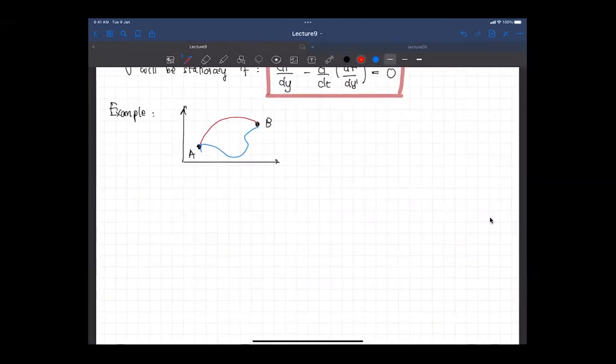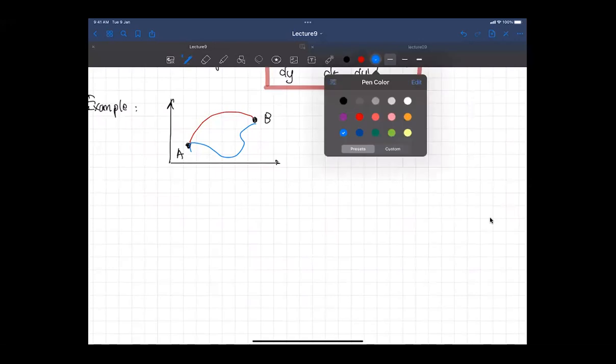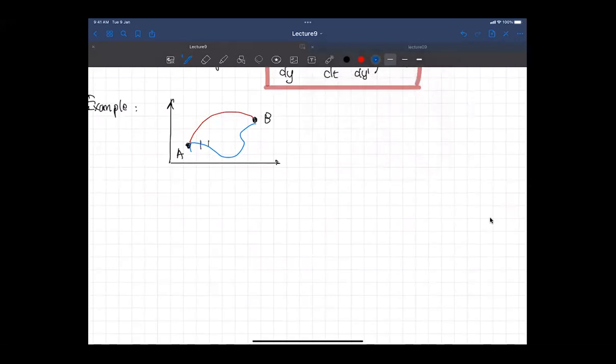To prove this, assume that you take the blue road. The blue route is what you assume is the shortest distance. In that case, you will have a certain distance here called delta S, some distance along the line.